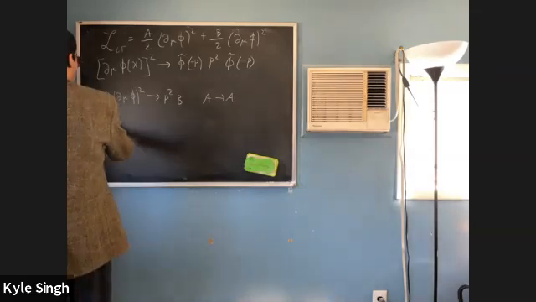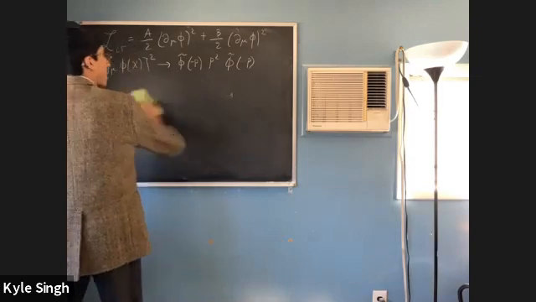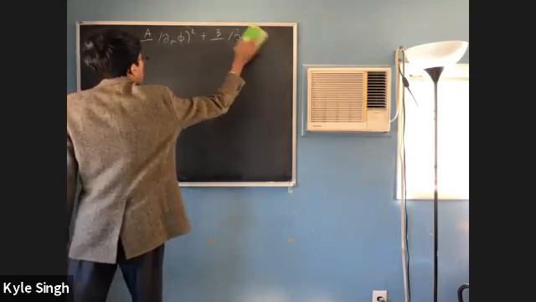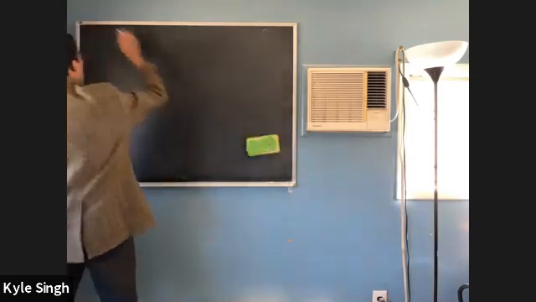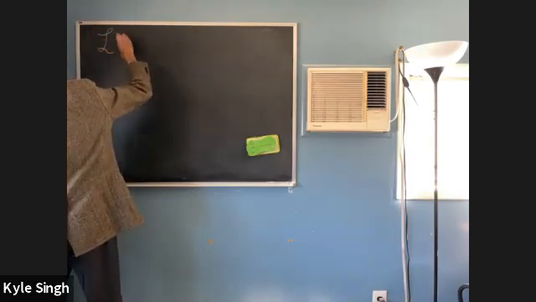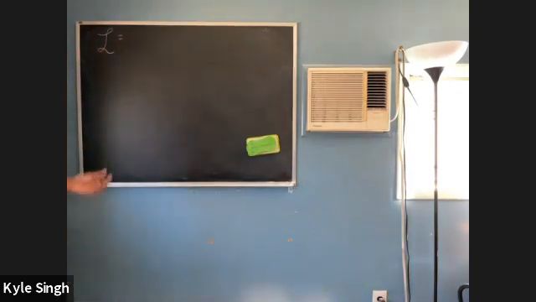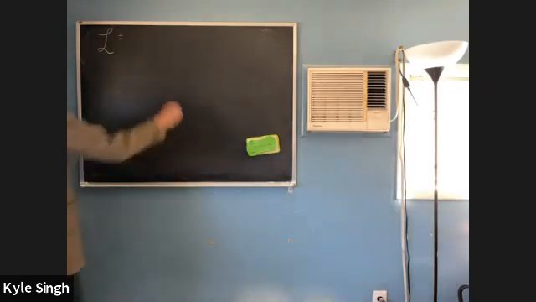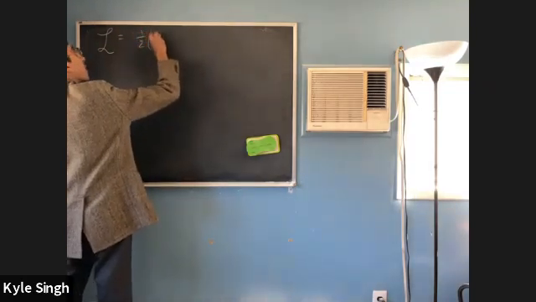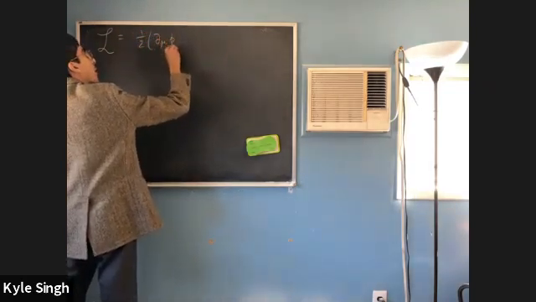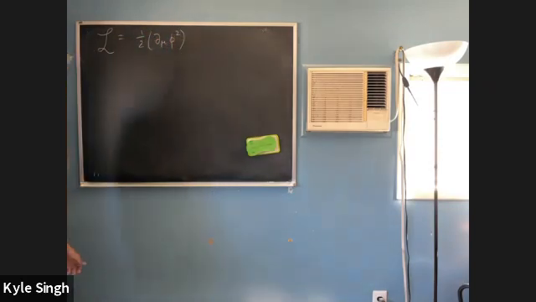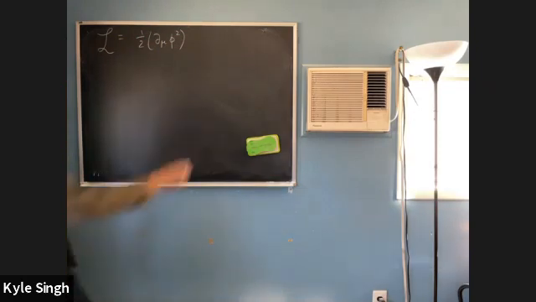Okay, so let's write the renormalized Lagrangian up top. I still haven't told you what the counter terms are. So what is the renormalized Lagrangian going to look like? It's very, very simple. You just get 1/2 d mu phi squared. So basically, I just write down the normal thing, and then I just add my counter terms. Very, very simple.